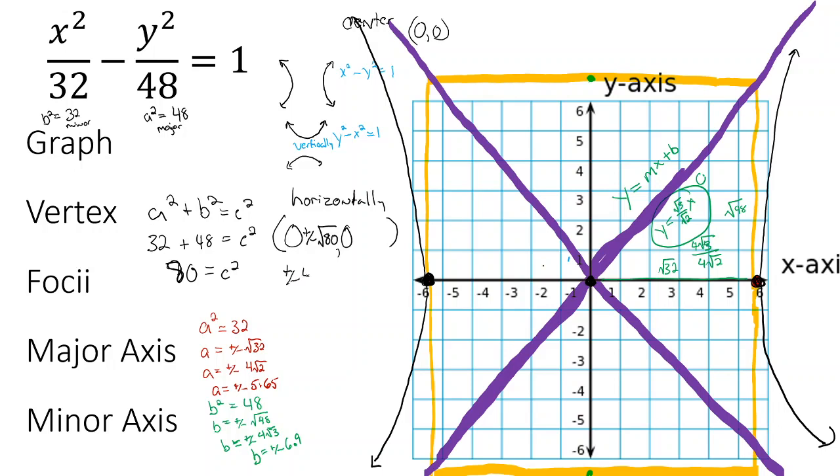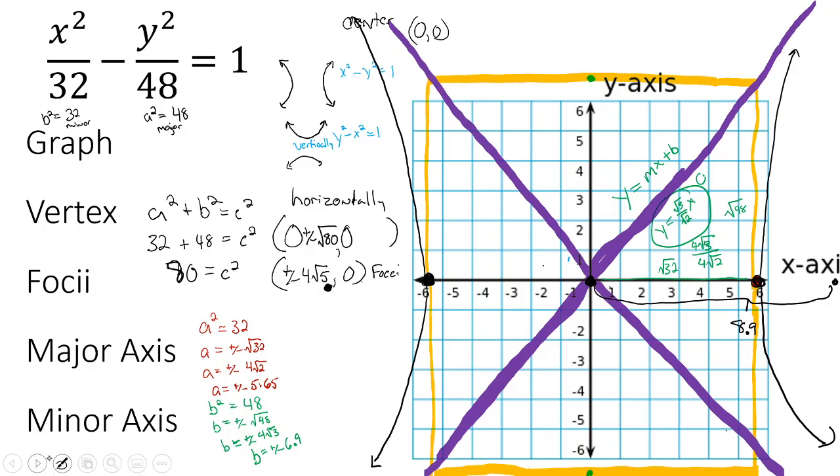So it'd be plus or minus 4 root 5, 0 is my foci. And that's approximately, if we said the square root of 80 is approximately 8.9. So that means I'd come out here 8.9. So that's 6, 7, 8, 9. 8.9. And way out here, 8.9. So the distance from the center to the focal point is 8.9 units.